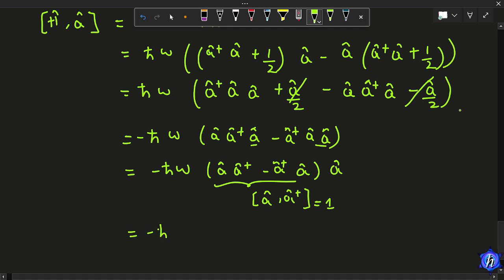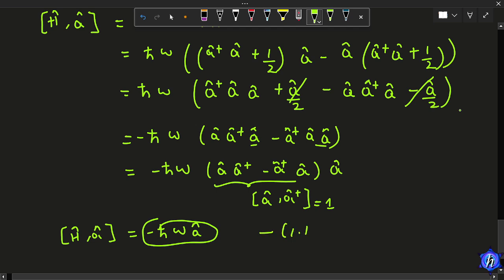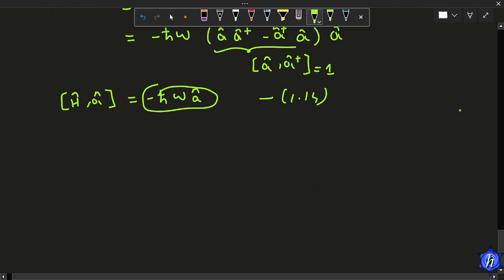So this is nothing but minus h cross omega A. We see that the commutation relation between the Hamiltonian operator and the annihilation operator reduces the energy by h cross omega A. This is the answer. I name this as equation 1.13, and we can do the similar calculation with the Hamiltonian operator and A dagger.